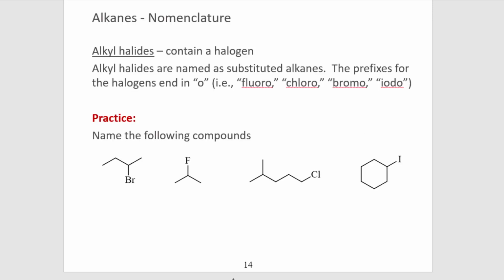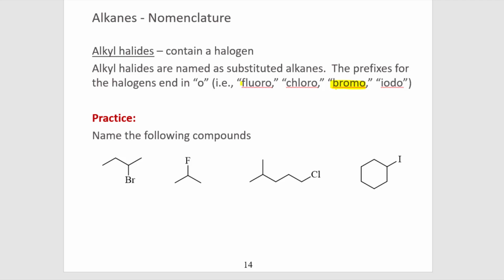Okay, so I'm only going to complicate matters with one functional group, and that is if we have a halogen off of our chain. So I'm going to make our alkanes a little bit more interesting and put some functional group on them. If you have a bromine on your chain, it's going to have the prefix bromo.